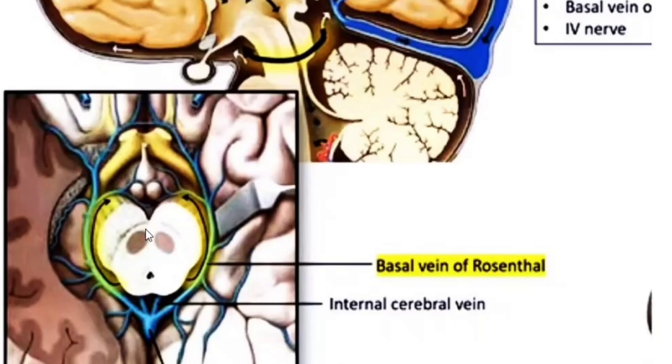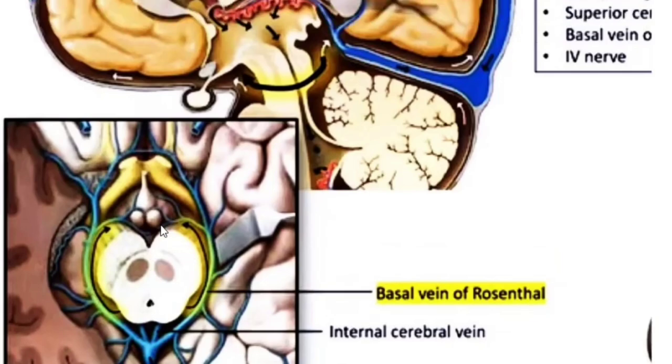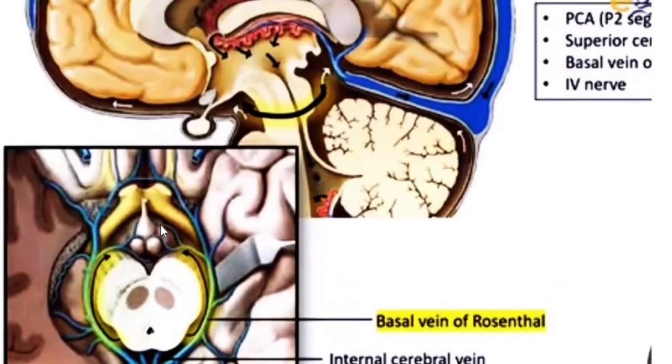In front of the pons there is the basilar artery, which continues as the posterior cerebral artery.